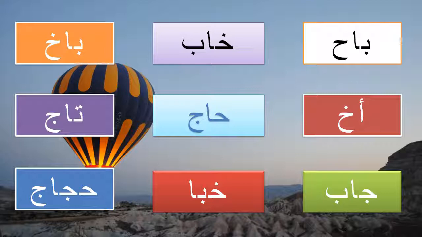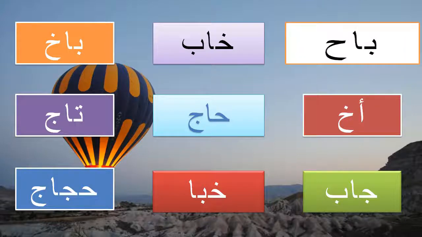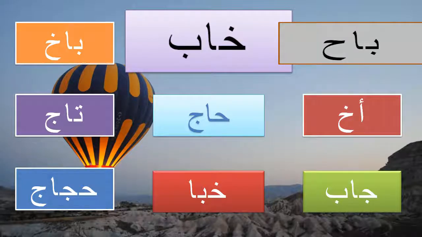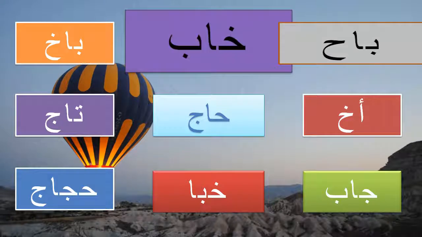Having finished talking about the Jeem, Ha, and Khaa, let's see if you can read the following words. The first word from the upper right corner has three letters. Let's spell it. Ba, Alif, Ha. B, A, Ha. So it's read as Bah. The second word starts with a kha, then alif. The last letter is ba.